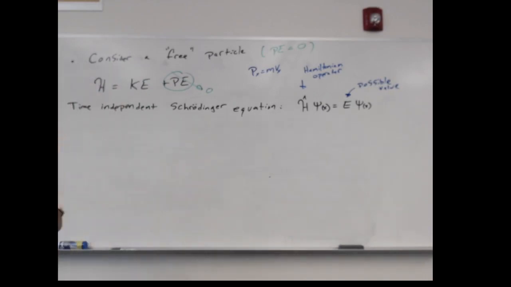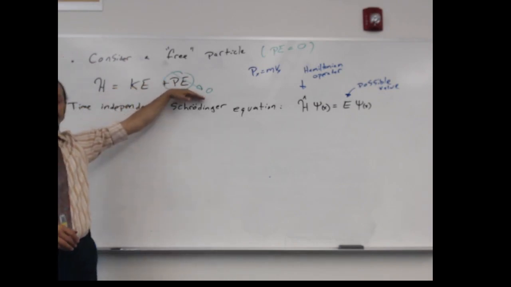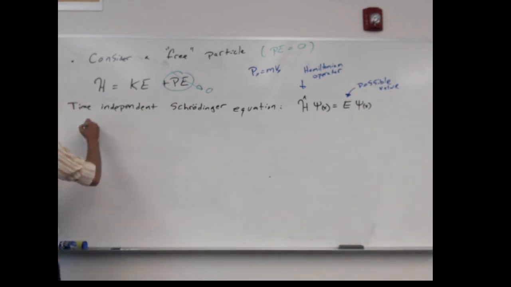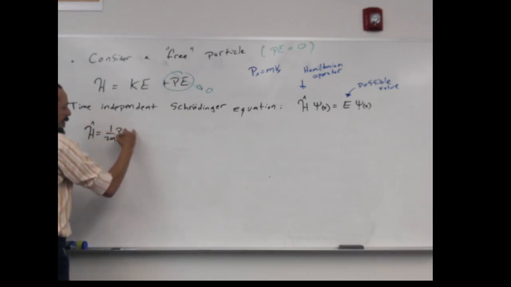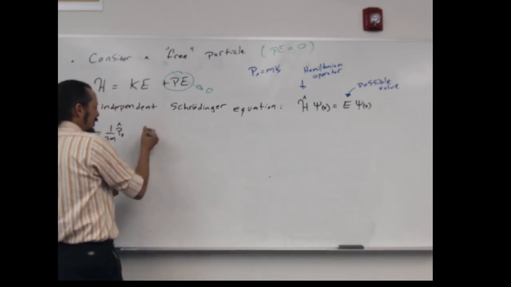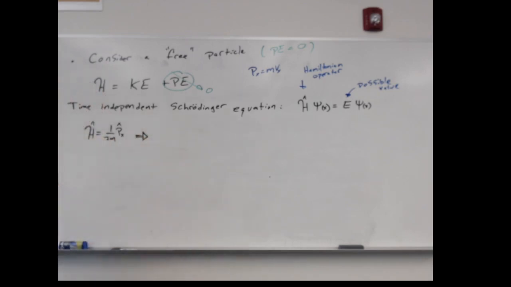The first step after we define our system, so here's our system defined. We're doing a free particle. We've got kinetic energy, no potential energy. If we've got kinetic energy and no potential energy, our Hamiltonian operator is going to be 1 over 2m px hat squared. That's our momentum operator. If we operate on a function, well, first let's rewrite that with our definition of what px is.